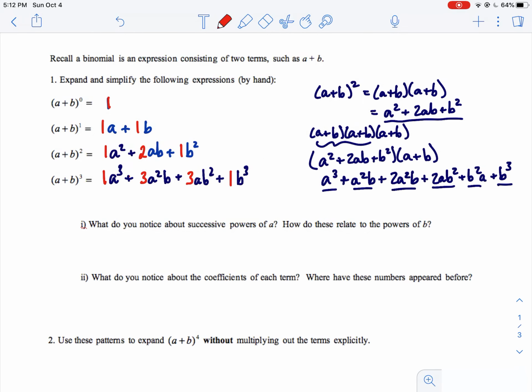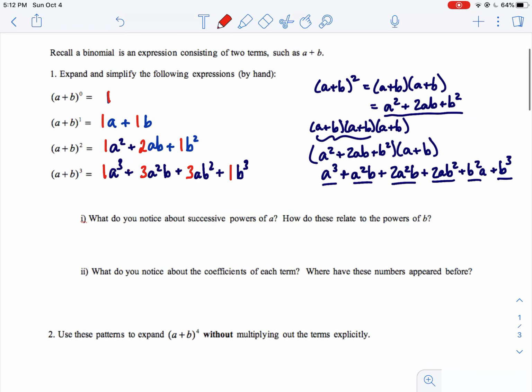Okay, so let's see if we notice any patterns here, because obviously if I wanted to find a plus b to the fourth, I'd have to take that big string and multiply it by a plus b, and that's going to start to get even more complicated. So hopefully we can find a pattern and a shortcut. First off, let's look at the powers of a.